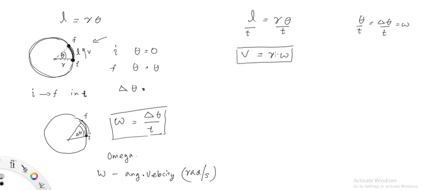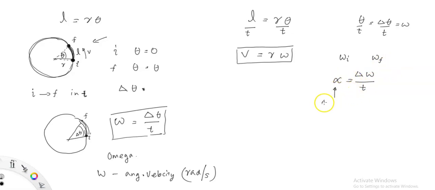Now if this thing is speeding up, let's say while moving it increases the rotational speed, omega is changing. It's not constant, but it's changing. For example, initially omega was omega initial, now it's omega final. It increased, meaning the rotating speed increased. So now we have a delta omega. If I divide delta omega by time, what do I get? Alpha.